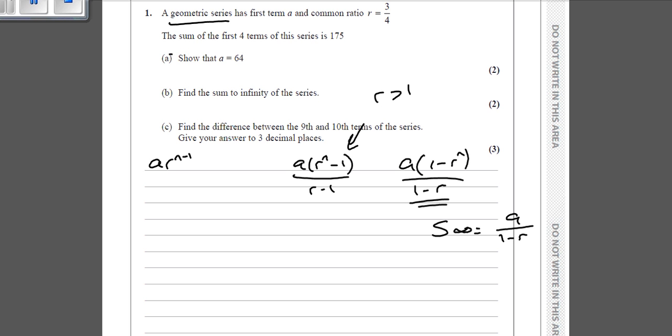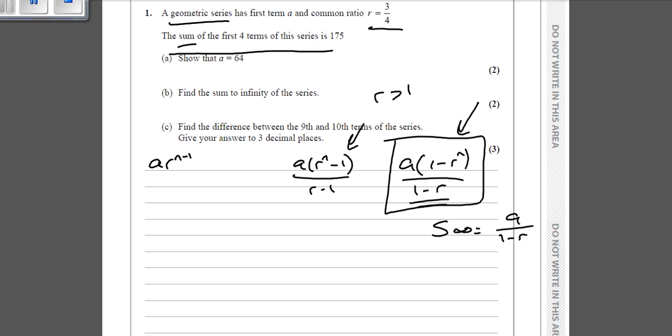So the sum of the first 4 terms of the series is 175. We've got a common ratio 3/4, so it says the sum. So we're going to use this one here, because this is the sum of a series, and we're going to use this one because r is less than 1. So if we do that, even though it says show that a equals 64, we can't use 64.